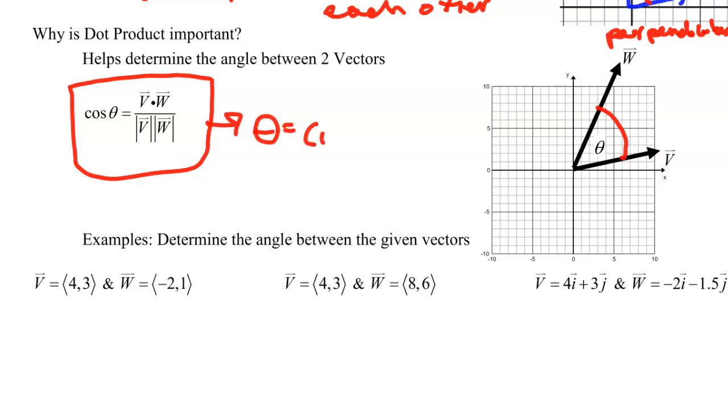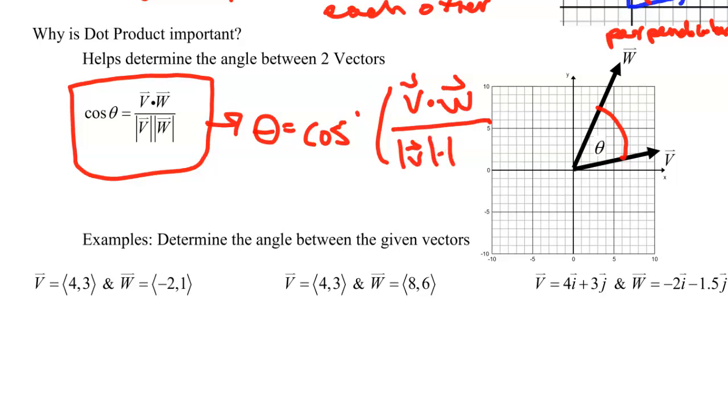Theta is equal to inverse cosine of the dot product divided by multiplying the magnitudes. Okay? Again, this is all calculator work, all in your calculator. Make sure you're in degree mode.